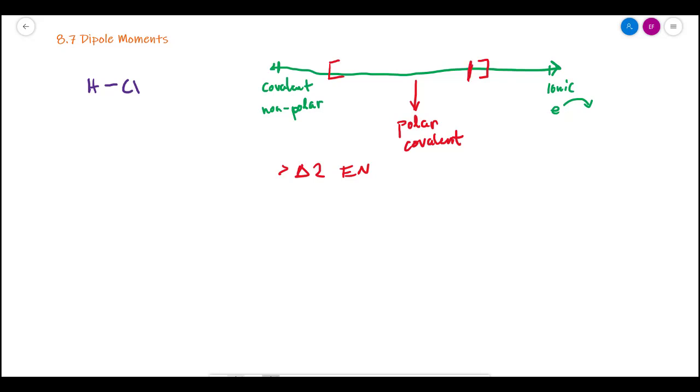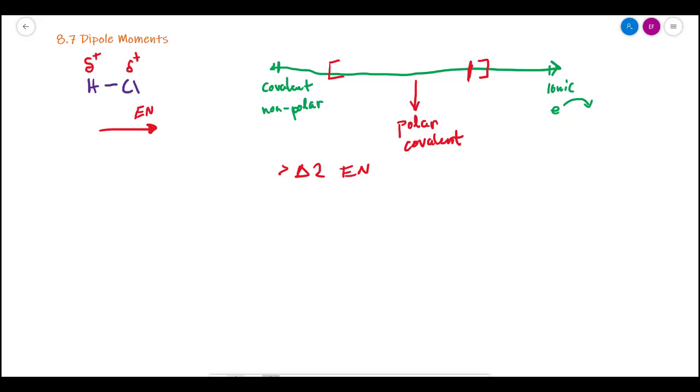And then we said that we use these symbols, the lowercase Greek delta, to denote where the electron density lies. And we call these partial positive and partial negative charges. So in this molecule, the chlorine is much more electronegative. Electronegativity is pointing this way, which, remember, electronegativity is just the propensity for an atom to draw electrons towards itself.